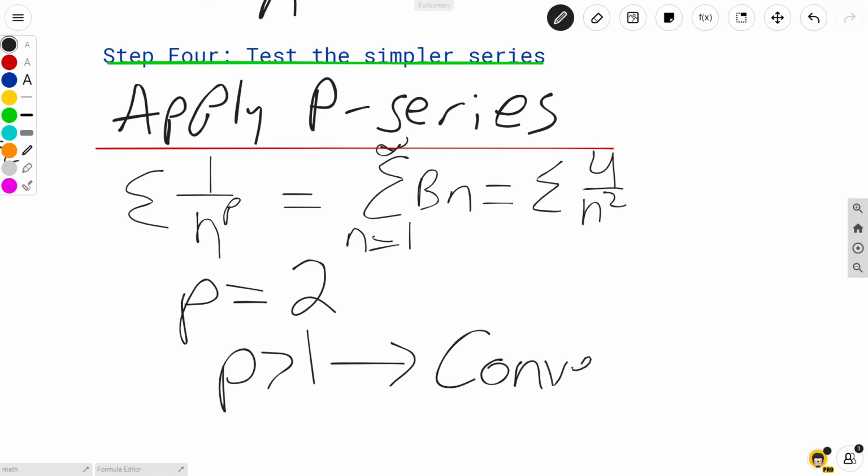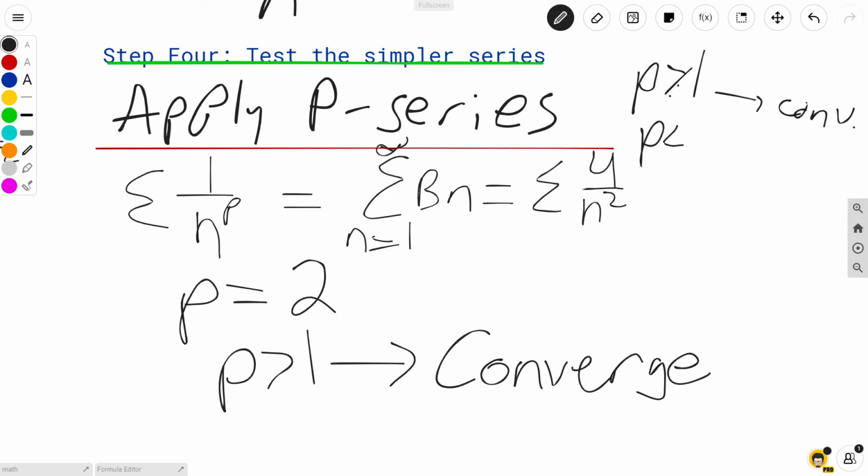Why? Because that's just the property of the p series. If p is greater than 1, it converges. If p is less than or equal to 1, it diverges. I'm just going to leave this off to the side. In this case, p is greater than 1, so this whole series converges.